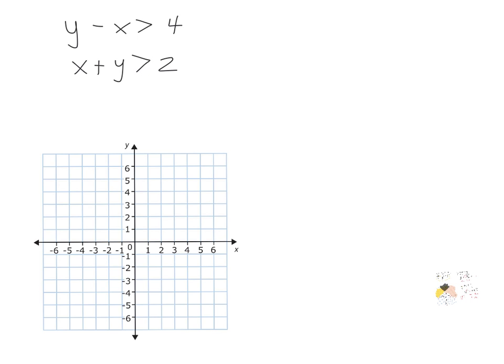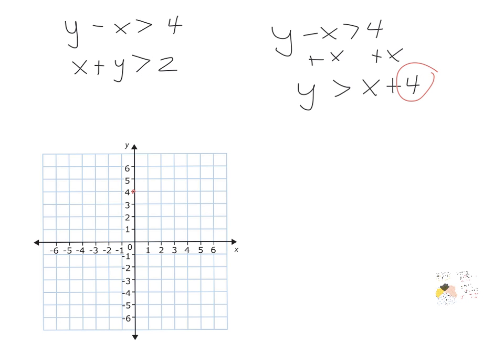Okay, I'm going to start with y minus x greater than 4. I have to get my y alone, so I add x to both sides. I'm graphing y is greater than x plus 4. So my y-intercept is 4. My slope is 1/1, up 1 to the right 1.